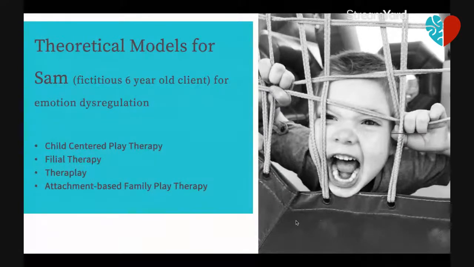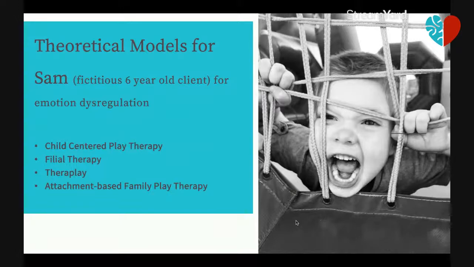So he kind of feels like he's a bad kid. Nobody wants to play with him. He doesn't really understand why. These are all some of the things that have come out in the psychosocial assessment and the clinical case conceptualization. So what treatment model do I think about using when I'm working with Sam?